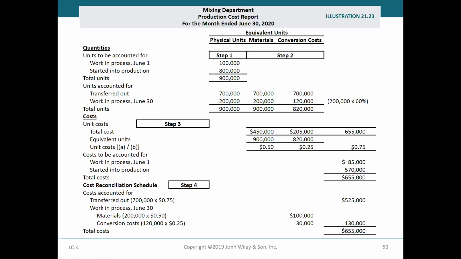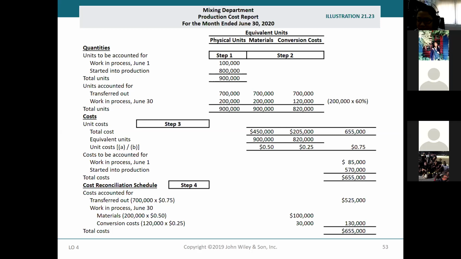Okay, tell me, what is the first thing we need to do? Exercise 20.7. What is the first thing we need to do? Write down the topics. We need to write the name of the company, the report, and the day.